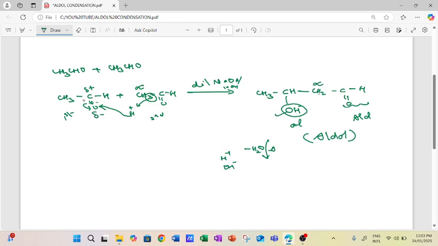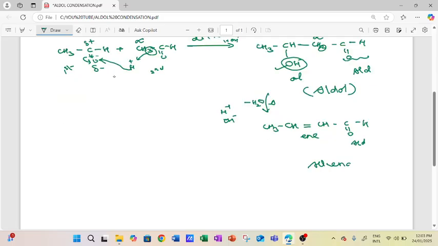Now the second hydrogen, this hydrogen, will go with this oxygen as water. So the remaining is CH3CH, then we put a double bond to satisfy the valency, then CH, C double bond O, H. So this is an aldehyde and also there is an alkene. So this is like an alkenyl product.